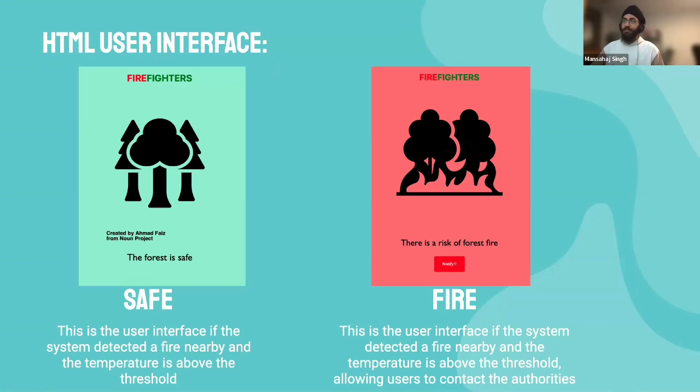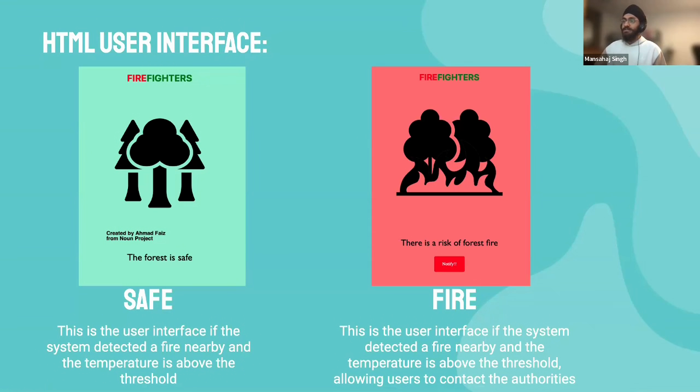So we're gonna have two UIs. The first one is the green one, which is being shown to the user when the forest is safe. And I've used the colors in such a way that it shows safety and that everything's fine.